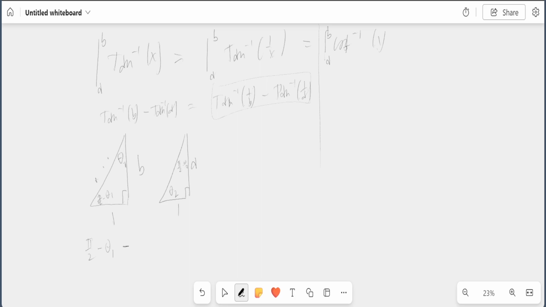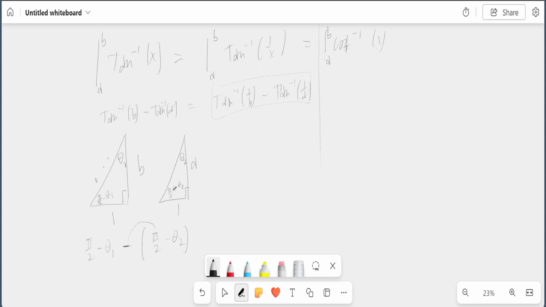And then minus. Okay, yeah, now we're getting somewhere. I don't know why I was blanking there for a second. Sorry, that was a bit messed up, but does that make sense what I did so far? So this is pi over 2 minus theta 1 minus pi over 2 minus theta 2. Does that make sense? Yeah, that makes sense.